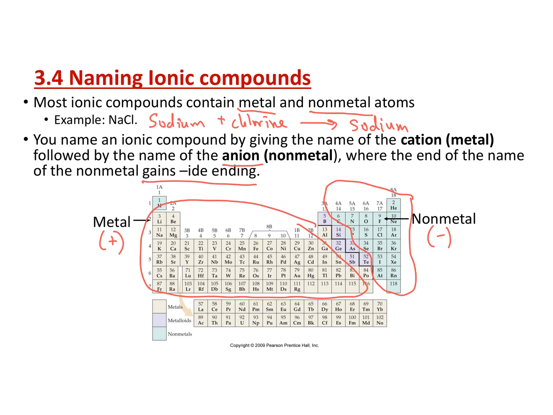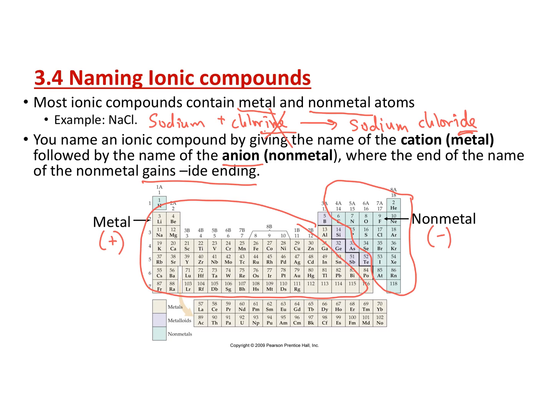For the anion, the nonmetal, I'm going to take the ending, the INE, and I'm going to drop that ending and replace it with IDE. And so that goes from sodium and chlorine to sodium chloride, where that IDE ending is what we change when we name ionic compounds.